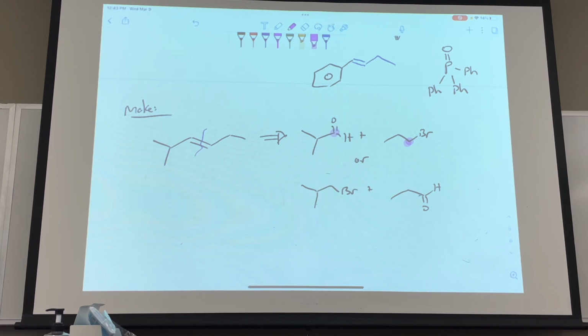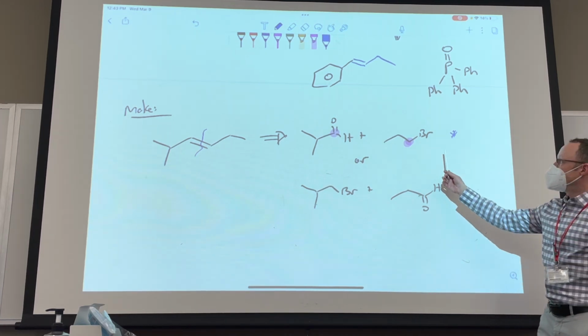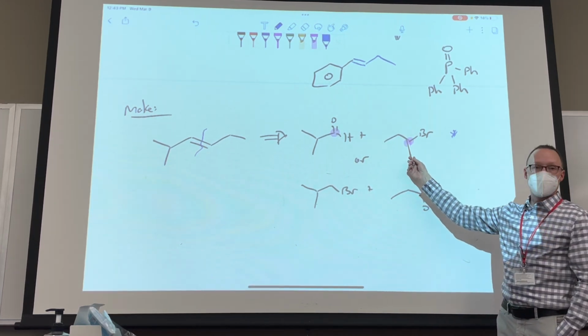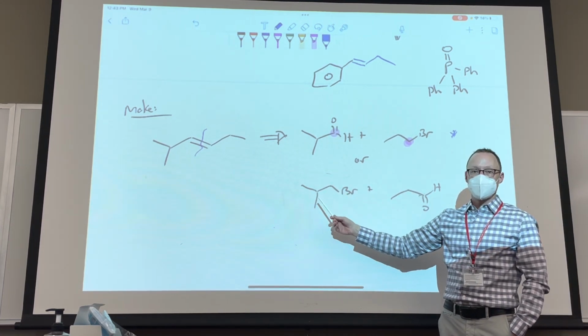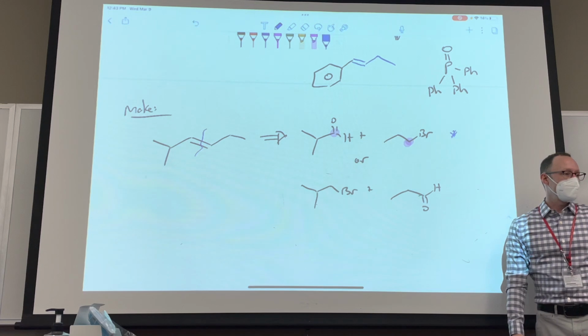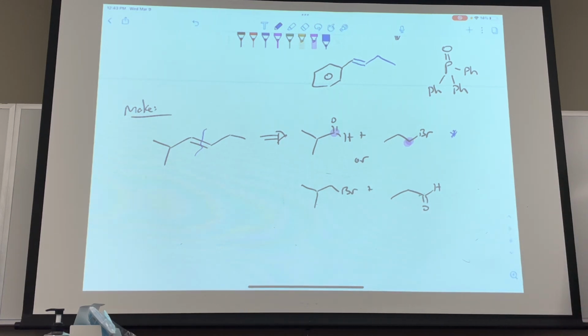I think if it were me, I would probably choose this one. It's because remember, you are dealing with SN2 chemistry. The first step is the triphenylphosphine attacking the alkyl halide. And I think SN2 chemistry is going to work better on this as an alkyl halide than on this as an alkyl halide. But either one would work.